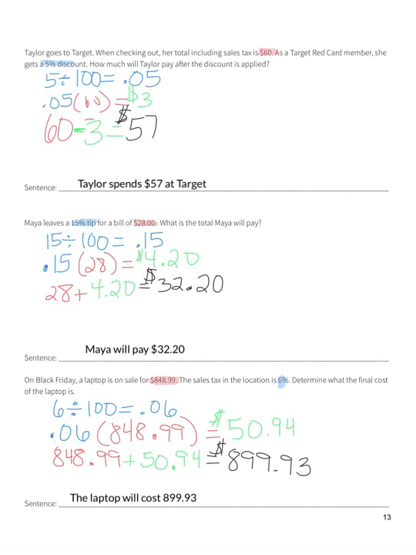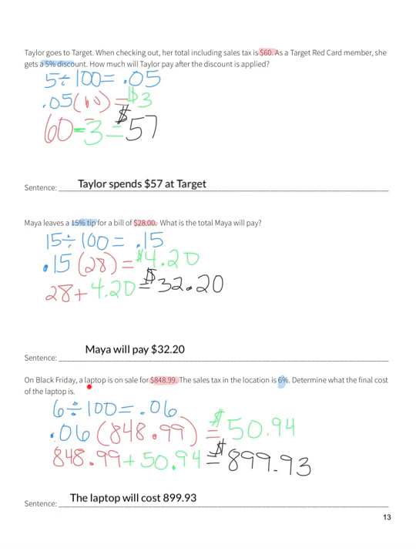Step 3, you need to determine whether you're adding or subtracting the new amount to the total. It's a tip, so we're adding: 28 plus $4.20 is $32.20. So how much is Maya going to pay? Maya will pay $32.20. If you did not get this for your answer, make sure you pause the video and make corrections and then move on to the next problem.